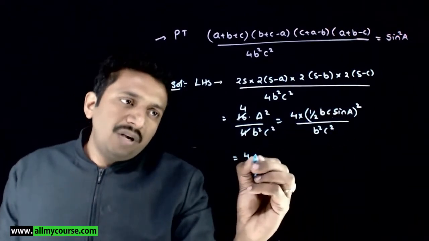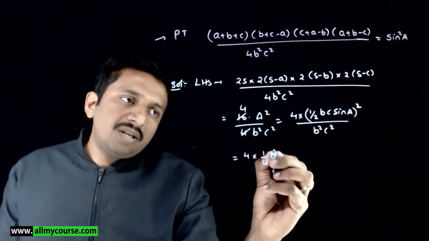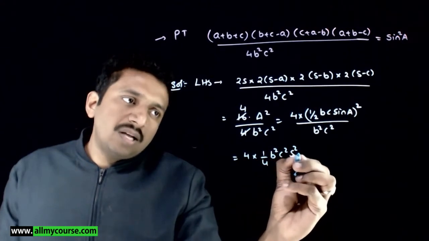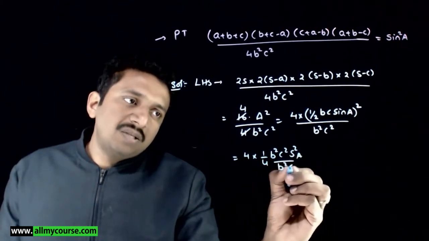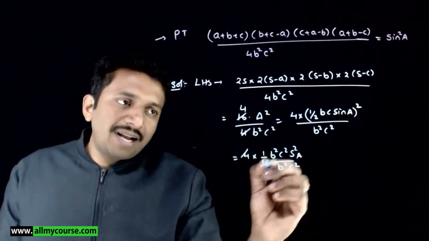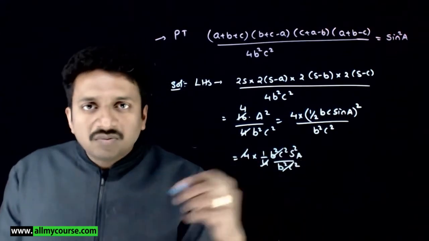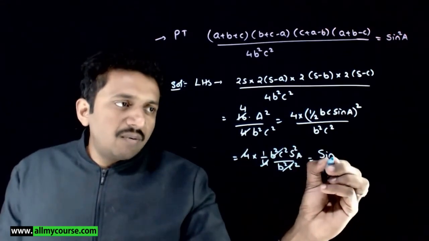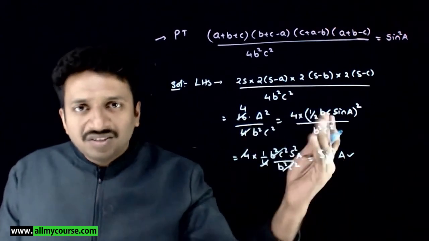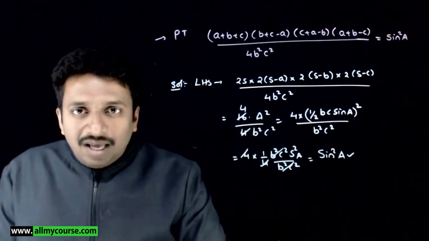That is equal to 4 times 1/4 b square c square sine square a divided by b square c square. 4 and 4 get cancelled, b square c square and b square c square get cancelled. So it is equal to sine square a, which is the RHS, hence proved.